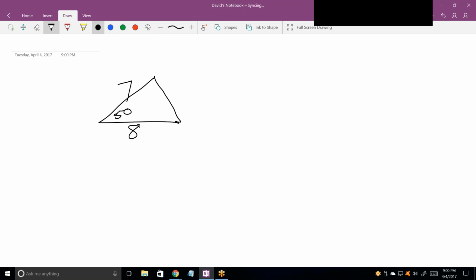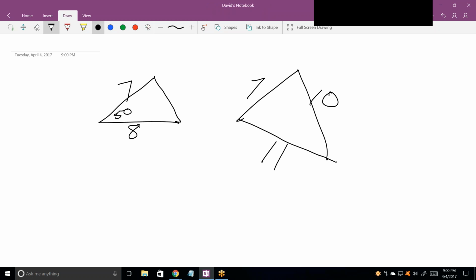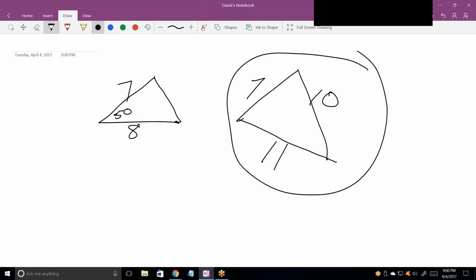And the other situation is where you have three sides. When you have three sides and no angles, you got to use the law of cosines for that. These are the only two situations where you got to do it.